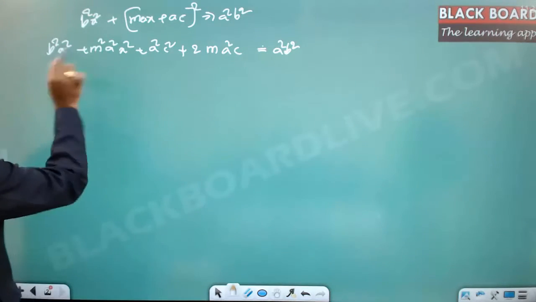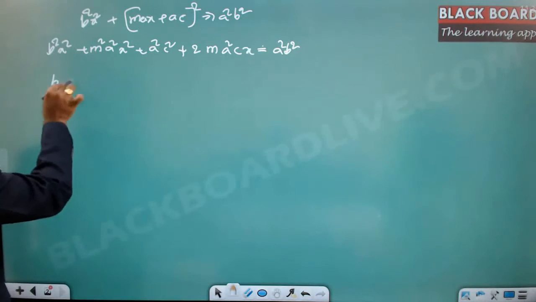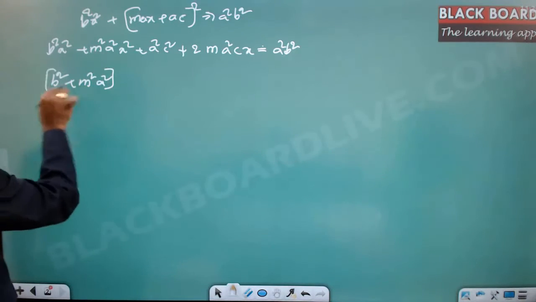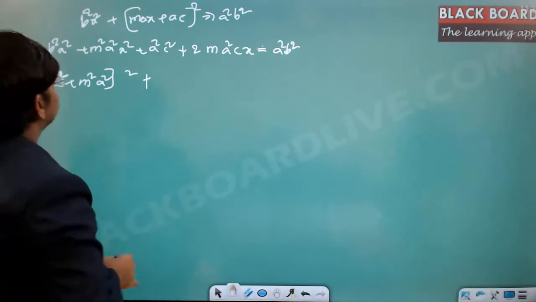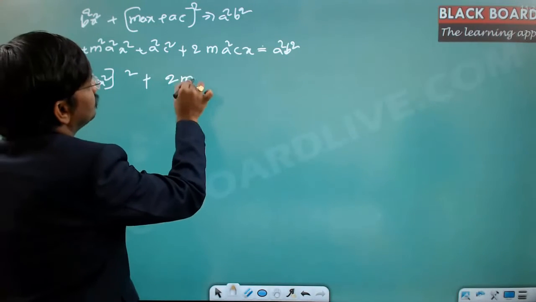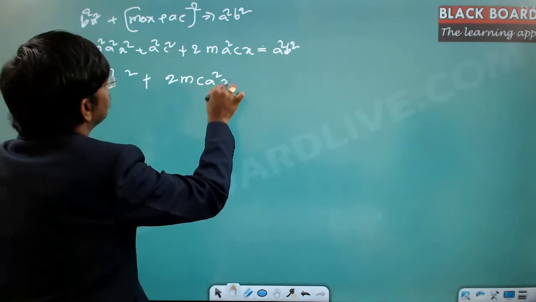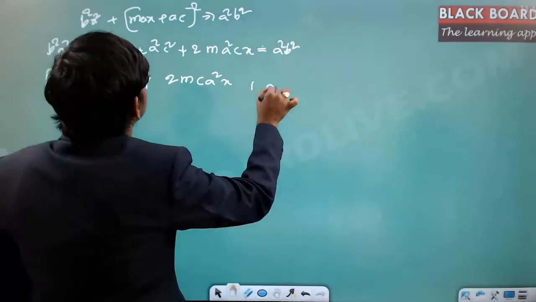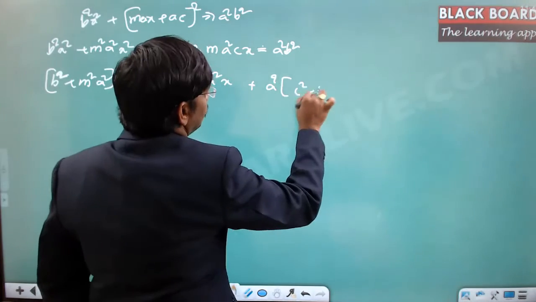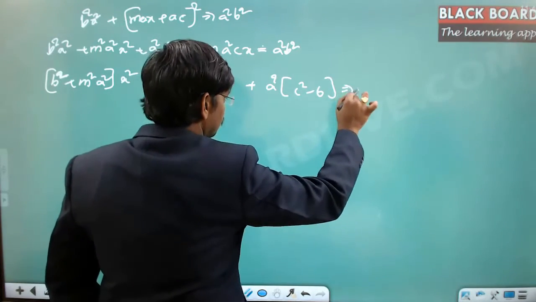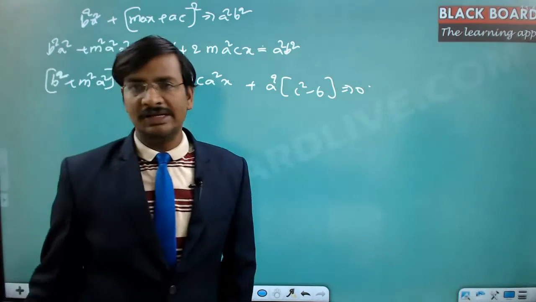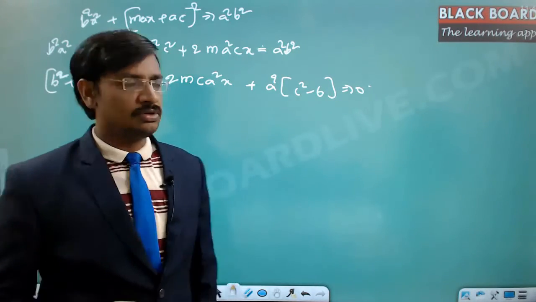Now this is (b square plus m square a square) x square plus 2mc a square x plus a square into (c square minus b square), and this is equal to 0. So this is a quadratic equation, which will have 2 solutions.